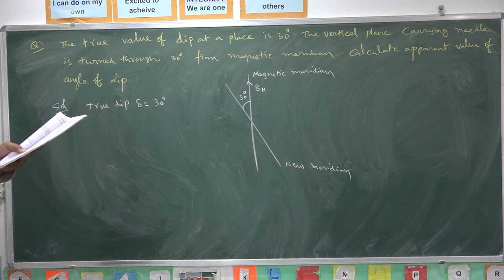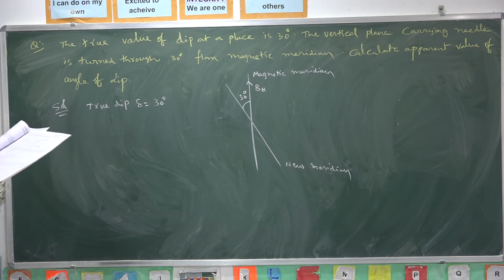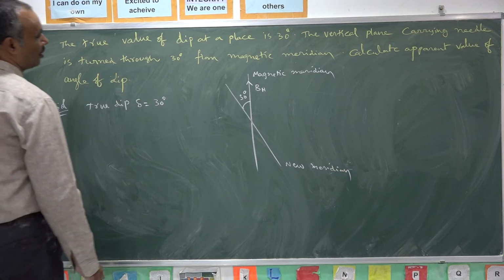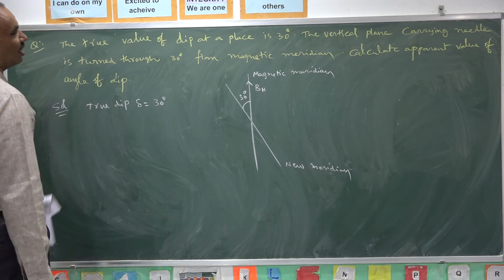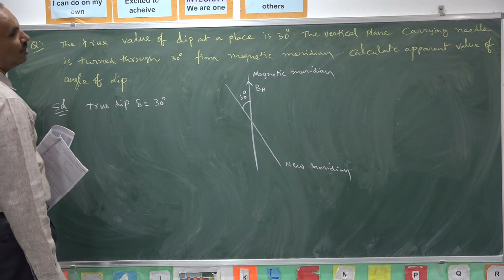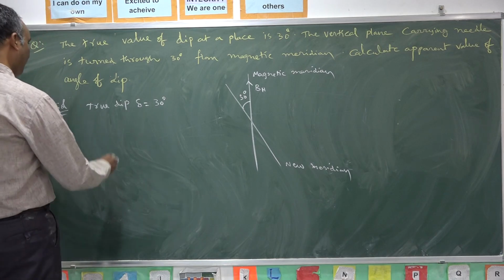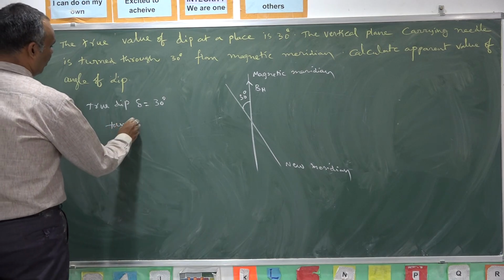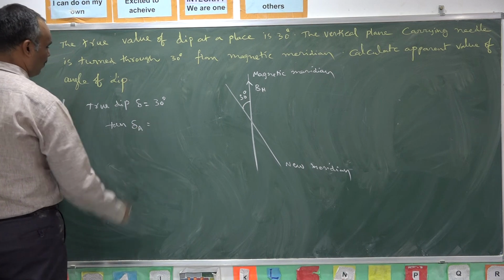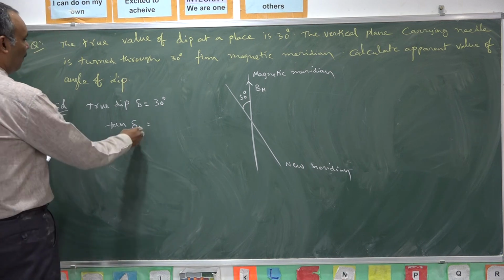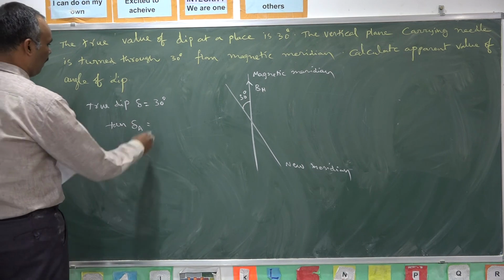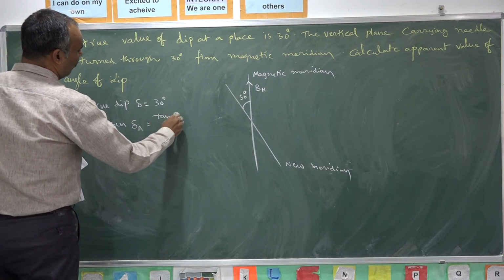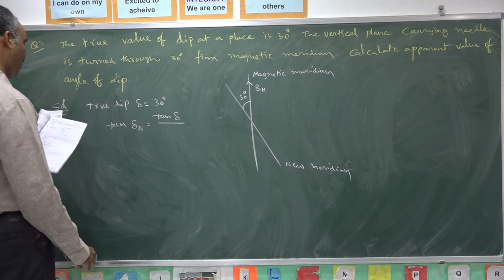Now I need the apparent dip at that place. As we discussed in the regular teaching class about a dip circle, tan of apparent dip is equal to tan of real dip by cos alpha.